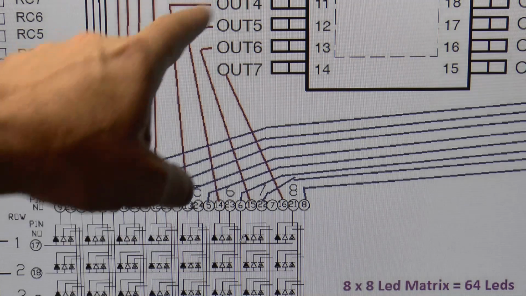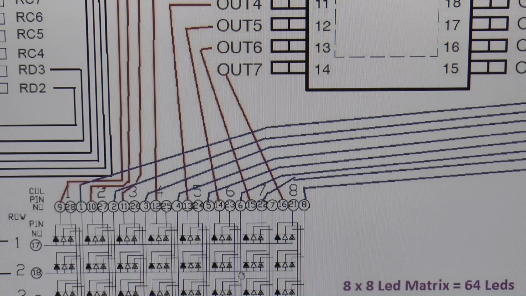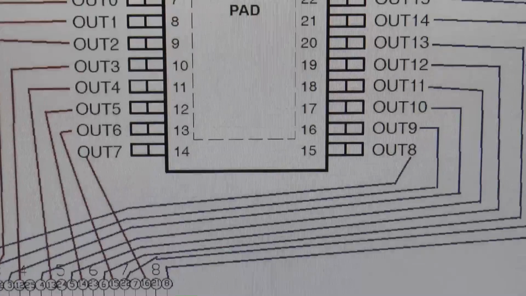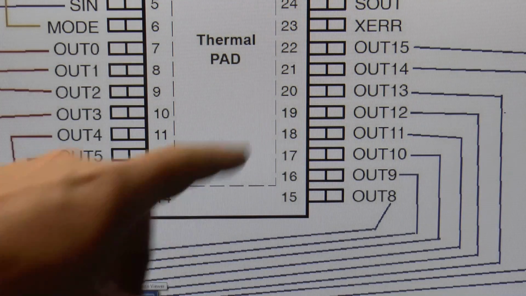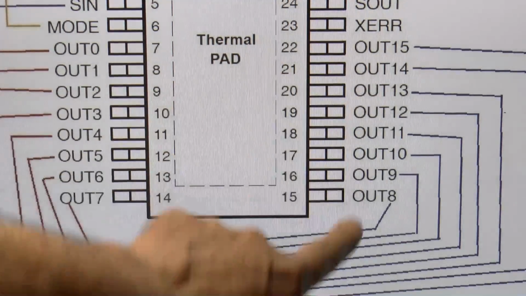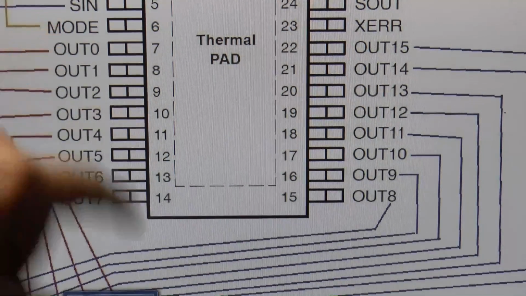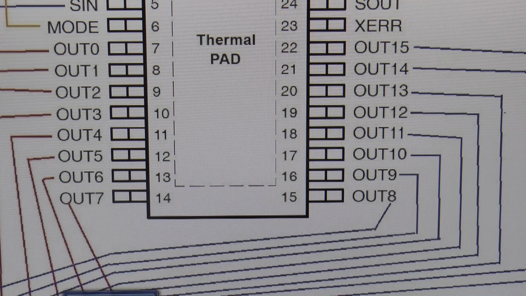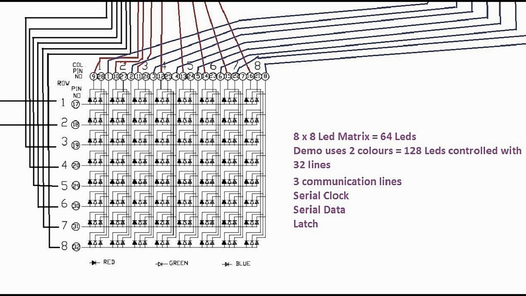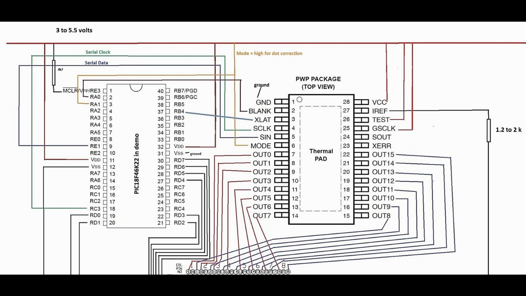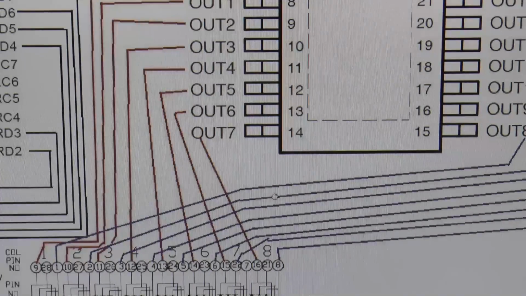Got the red coming up to the first 8 bits of the TLC driver, and the blue coming over to the second 8 bits. So actually these are the most significant bits, so it's 15 down to 0. So that's the LED wiring.